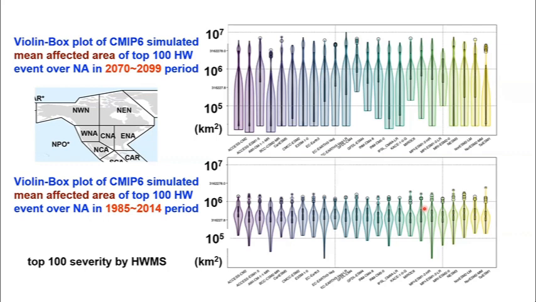But if you look at the future in terms of mean area, you will find, strangely, because these are the top 100 events I choose from each period, that even for the top 100 events, many models produce a top heatwave event in the future whose total increased by 72 times, but many models actually produce a smaller mean area for these events.